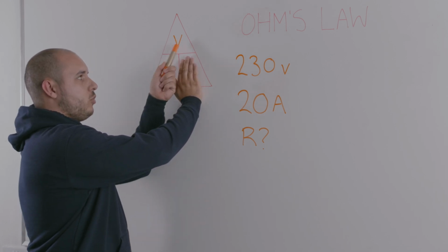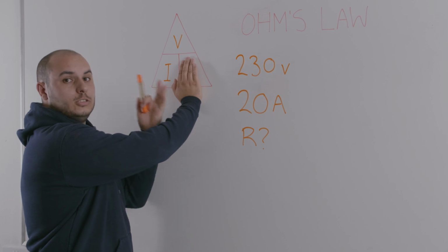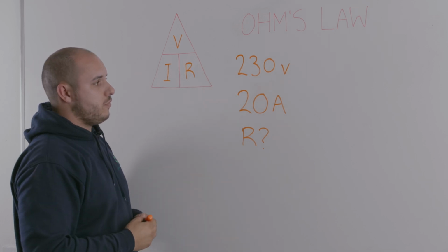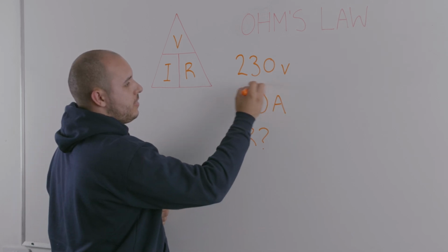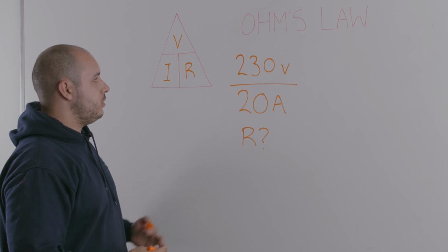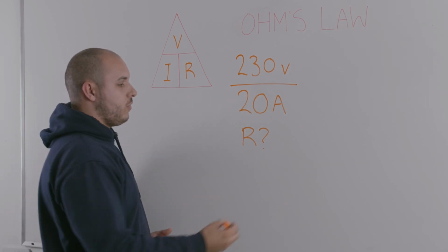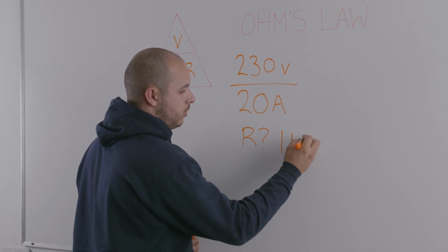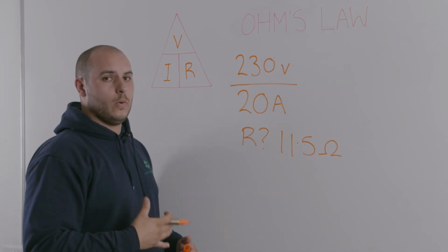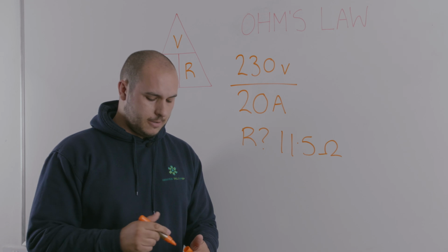So as long as you've got those two figures, you should be able to find the resistance. So what we need to do is 230 volts, and then divide that by the 20 amps, should give us in the region of 11.5 ohms. And resistance is always measured in ohms, okay?